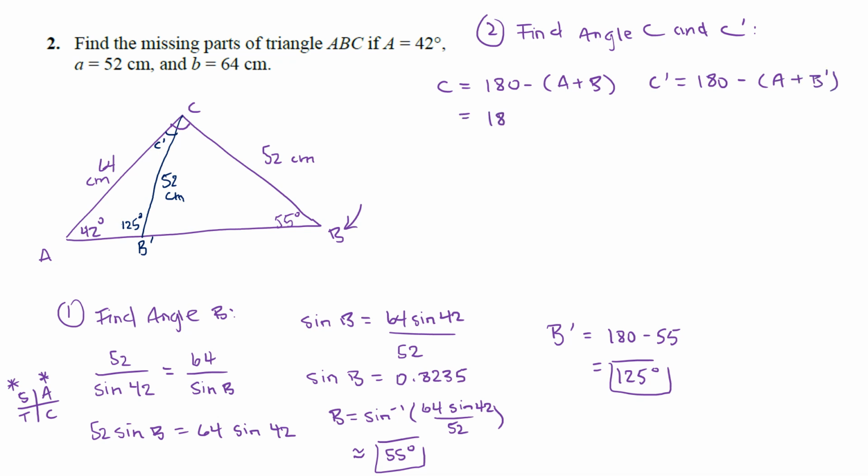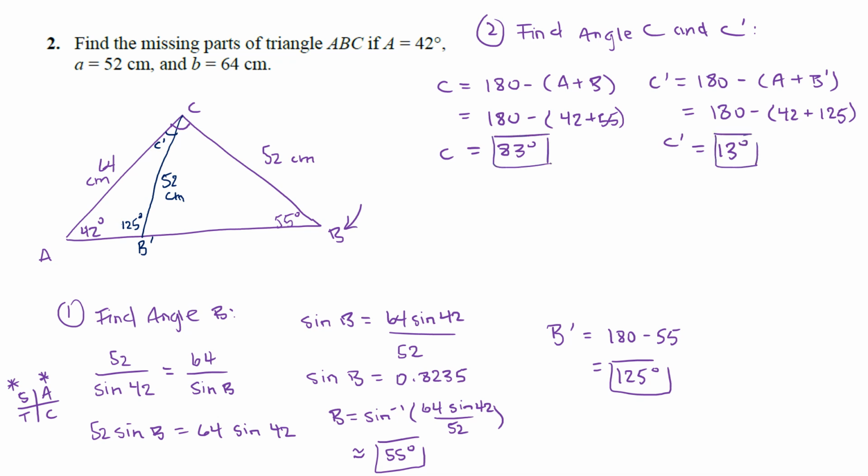So substituting in our values, we'll get 42 plus 55. And then for C prime, A and B prime would be 42 plus 125. So C will equal 83 degrees, and C prime will equal 13 degrees.